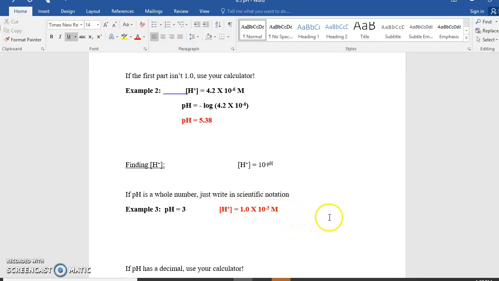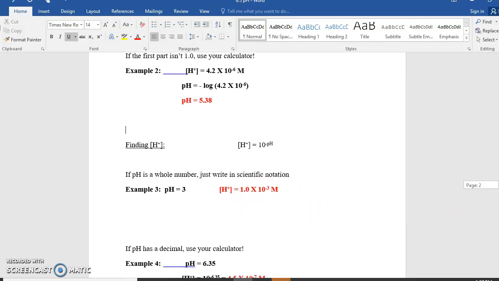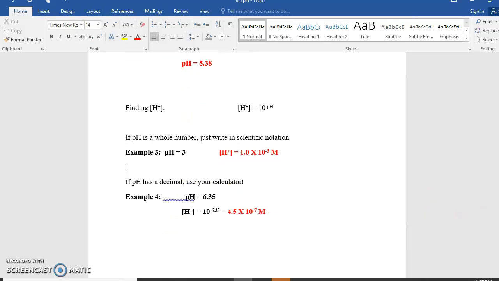That's all we have to do. If we have a decimal in our pH, though, you have to use a calculator. You're not allowed to leave decimals in your exponents. That's one of those rules. So if my pH is 6.35, for example, I have to get a calculator, do 10 to the negative 6.35 as the exponent here, just hit equals, and it'll tell me that's 4.5 times 10 to the negative 7th.